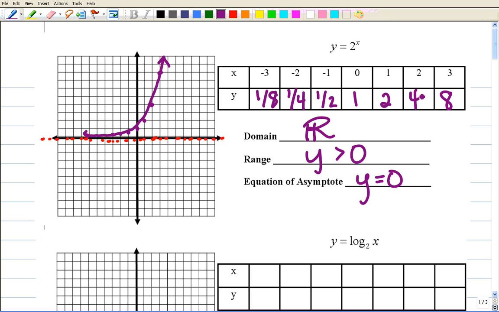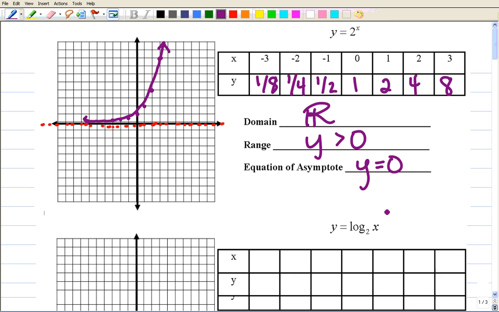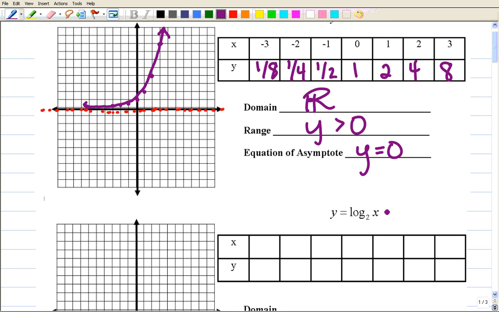So if you know this 2 to the x and how to get all of its information, it's actually pretty easy to find the next couple of examples that we're looking at. For example, log base 2 of x. So 2 is still our base, but this time we have the inverse of an exponential, which is a logarithmic equation.